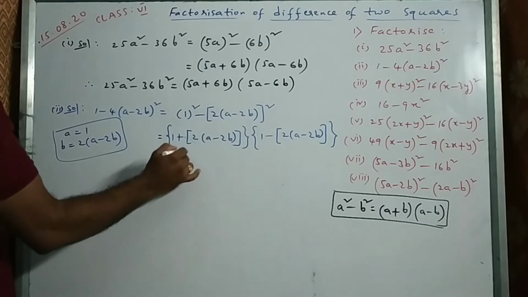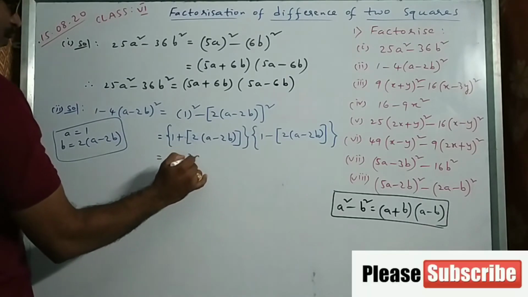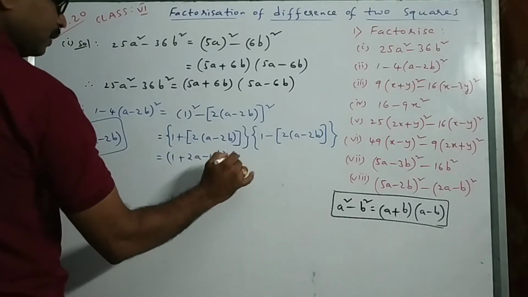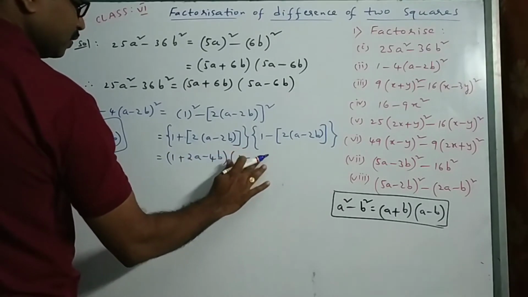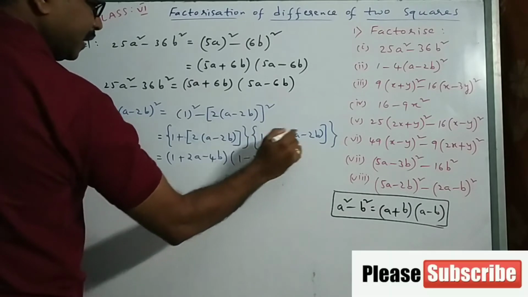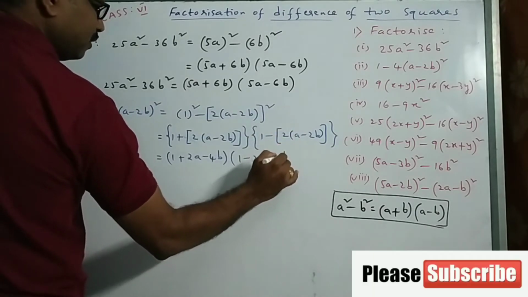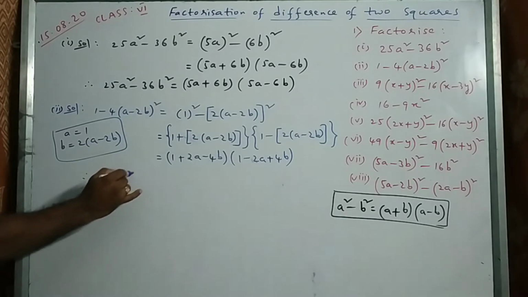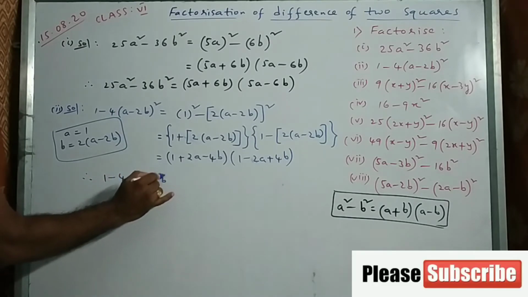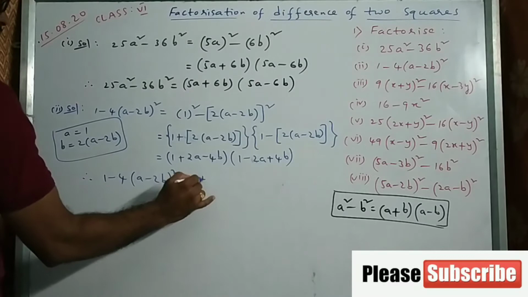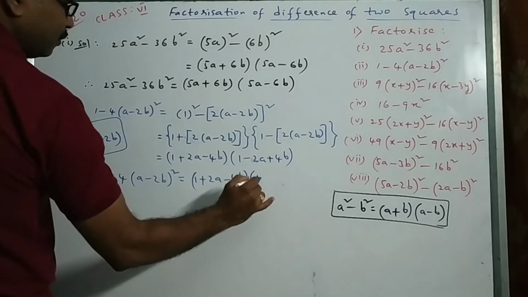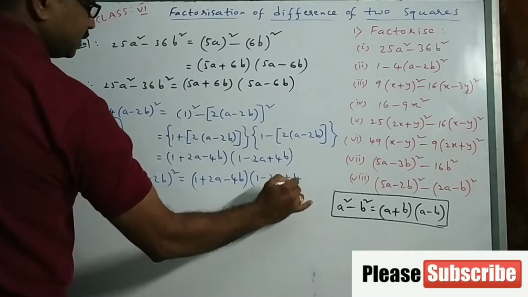So 1 plus, I am removing the bracket here, 2a, 2 2s are 4b. Here 1 minus 2a, minus into minus plus, 2 2s are 4b. So what is the answer here? 1 minus 4 into a minus 2b whole square equals 1 plus 2a minus 4b into 1 minus 2a plus 4b.